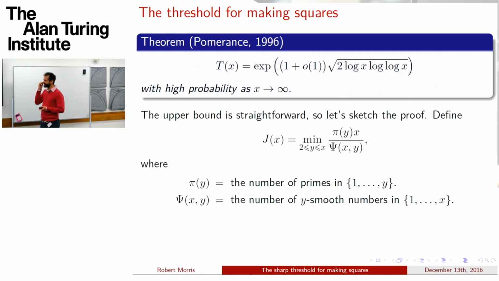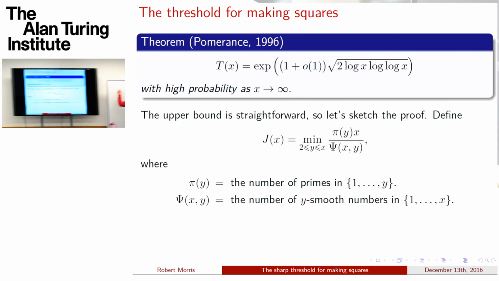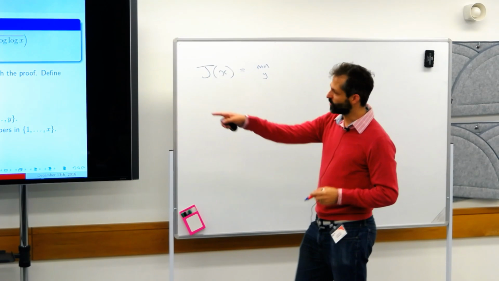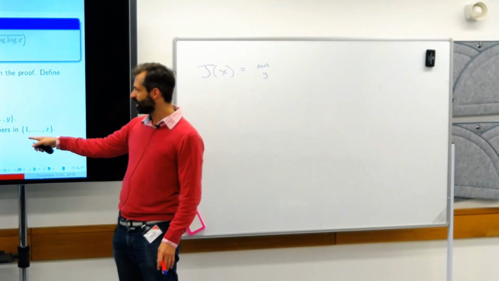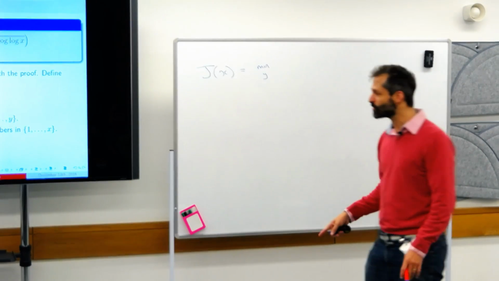The upper bound actually predates Pomerance, so let's see how it works. This is going to give us an idea of how to do the thing in general. So I'm going to write down this J(x) that's going to be important to us. So what's J(x)? It's the minimum over y of pi(y), the number of primes up to y, divided by this symbol, I don't know the name of it, the number of y-smooth numbers.